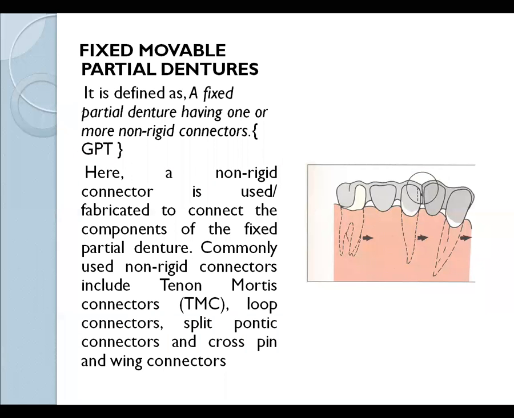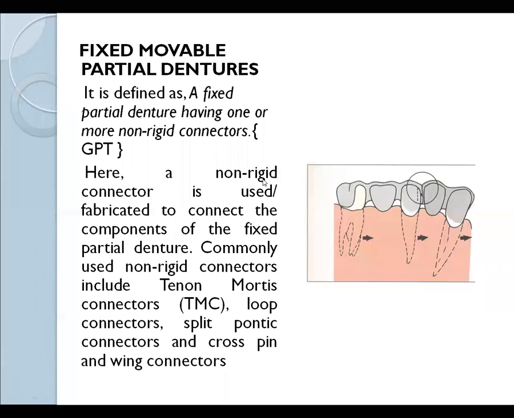Then coming to the next type, that is the fixed movable partial denture. Here in this picture you can see some connectors are fixed and some connectors are movable. It is defined as a fixed partial denture having one or more non-rigid connectors. This definition is according to the GPT, that is Glossary of Prosthodontic Terms.